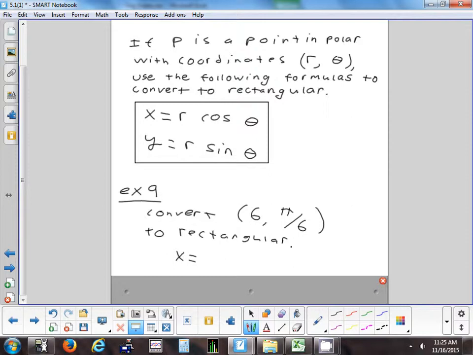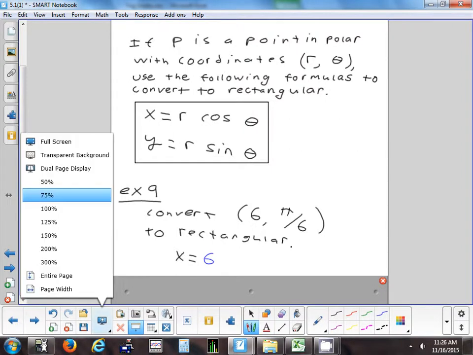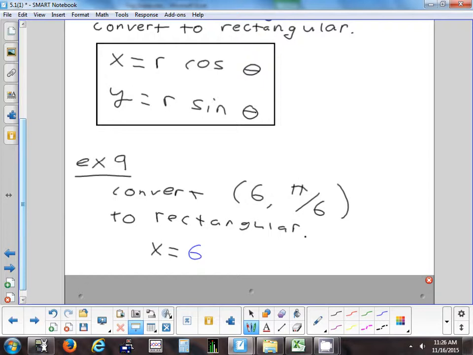Brandon, what's going to be my formula for x? Just filling in those two values. You don't have to do anything out. I just want to know what I'm going to type in. x equals 6 cosine pi over 6.